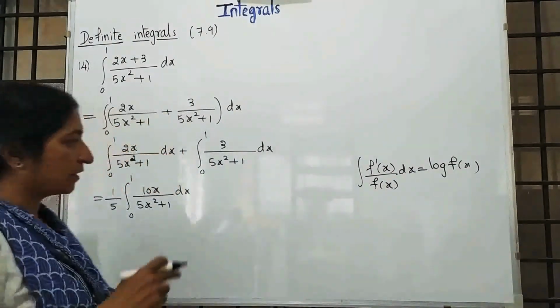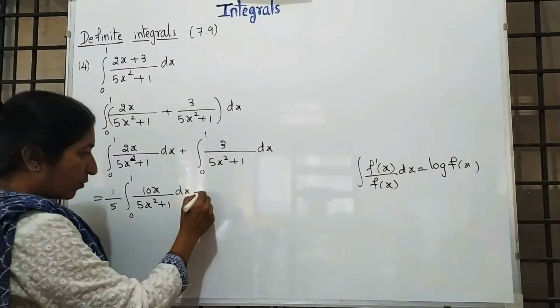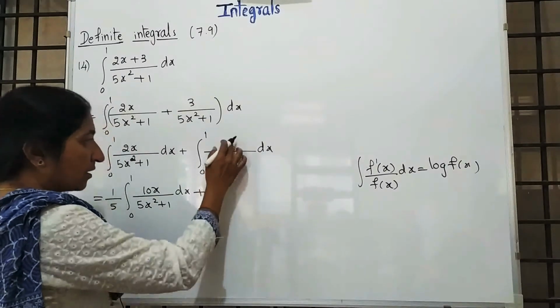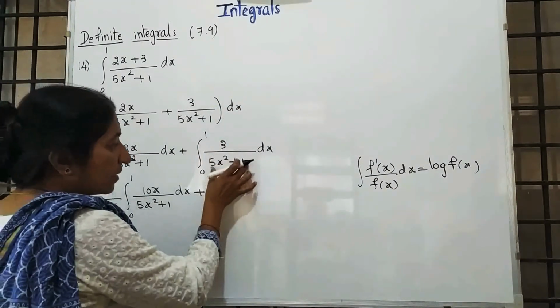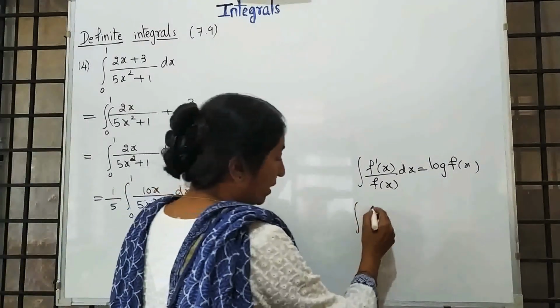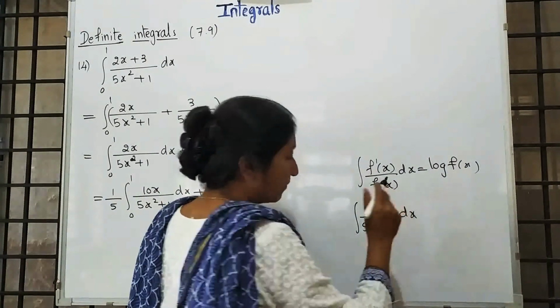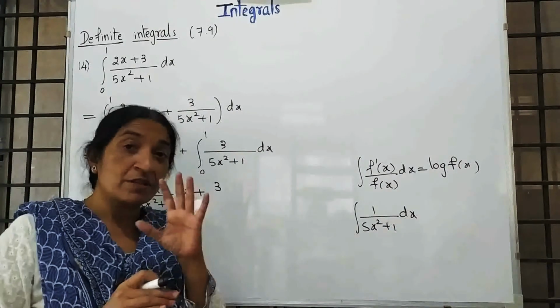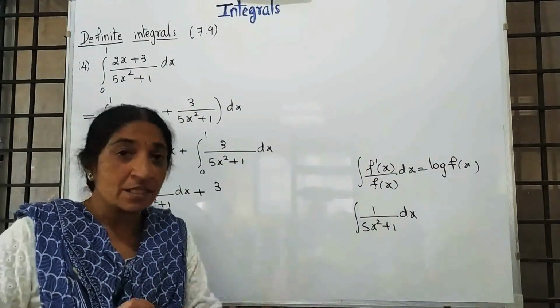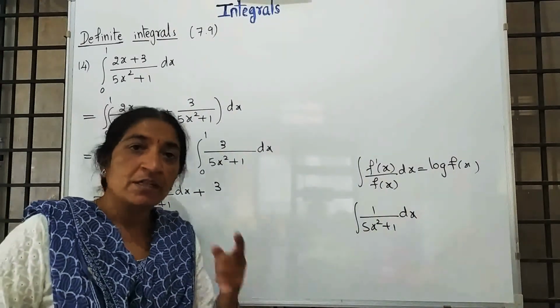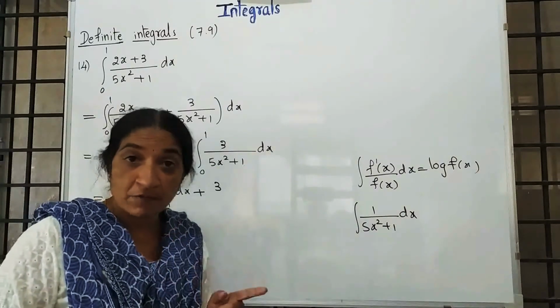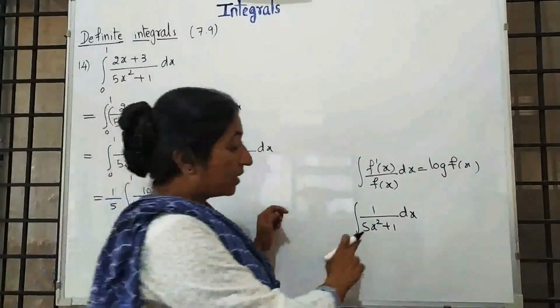Now the first integration is in the form of f dash of x upon f of x, that is log of f of x. And here, first I took 3 out, and in the denominator you are getting 1 upon 5x square plus 1 into dx. Just remember, you derived 6 formulas. In all the 6 formulas, the x square coefficient is either plus 1 or minus 1. Here it is a 5.